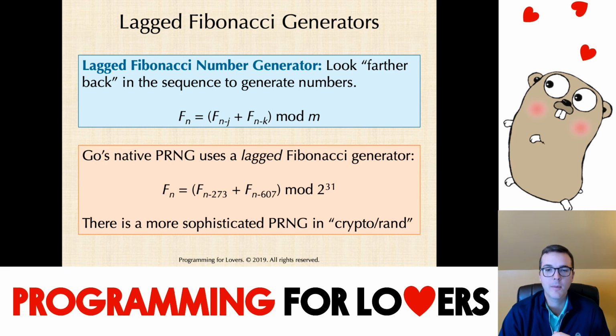So it's hackable from the perspective of you can use the fact that you know this is how the number generator works in order to make predictions about the numbers that Go is going to tell you are seemingly random, which are anything but. There's a more sophisticated one for this particular language in the crypto-rand package.